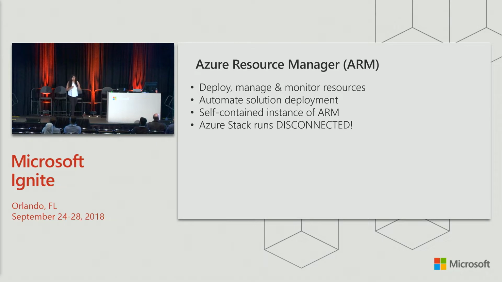This ARM endpoint might be Azure, it might be GovCloud, it might be China Cloud, but it also might be your own Azure Stack. Each Azure Stack has an Azure consistent self-contained instance of ARM that is able to process REST API calls. Because of this, you can run Azure Stack disconnected from the public internet, and you can still continue to deploy your favorite applications and access them.